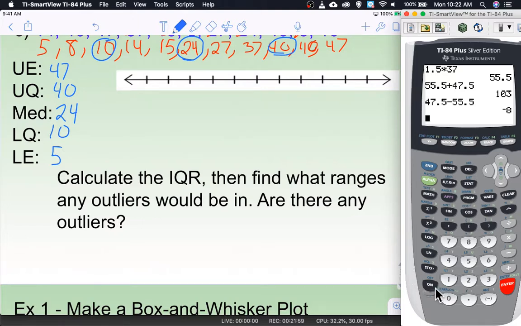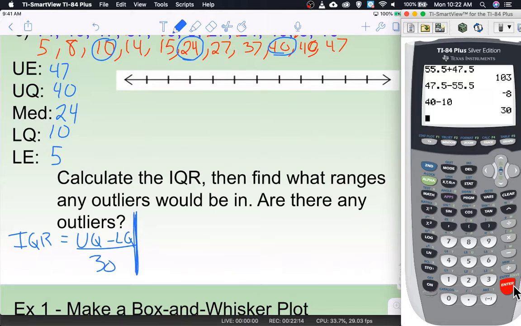Interquartile range would be upper quartile minus the lower quartile, the box. So 40 minus 10, I didn't really need a calculator for that, is 30. Okay, that's my interquartile range. An outlier is 1.5 times the interquartile range away from the median.